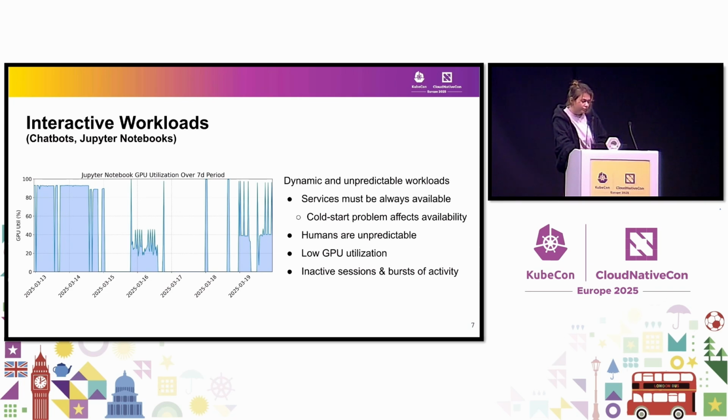Jupyter notebooks, or generally interactive workloads, are expected to be readily available, but at the same time, we don't know when a human will interact with them. And so, by definition, the resources are allocated, but can remain underutilized or not utilized at all. And it is worth noting that over-provisioning such underutilized workloads even worsens the problem of ineffective utilization.